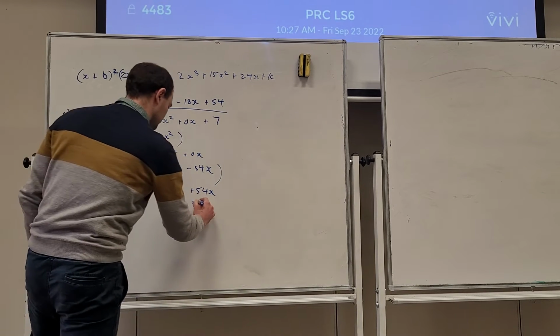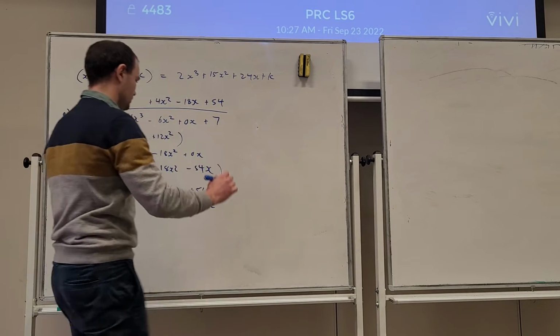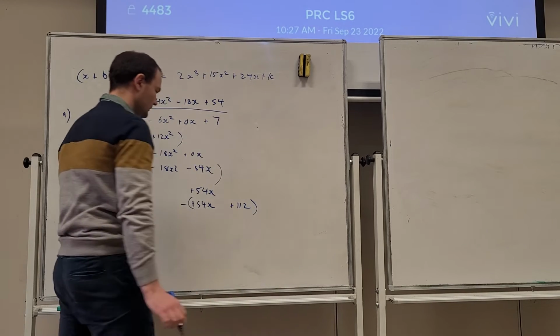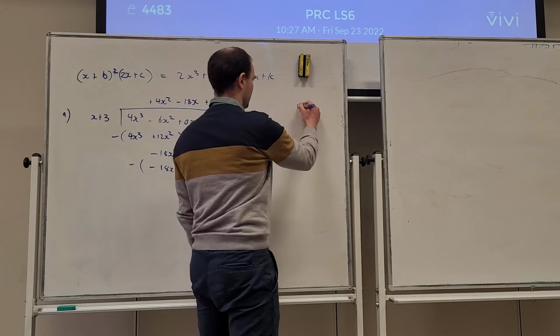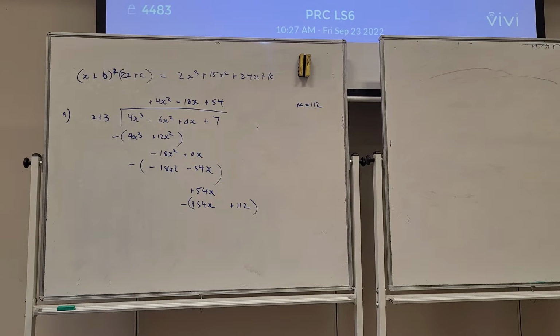54x and 54 times 3, 162. And so our remainder is... So let's look at the ways we can write this.